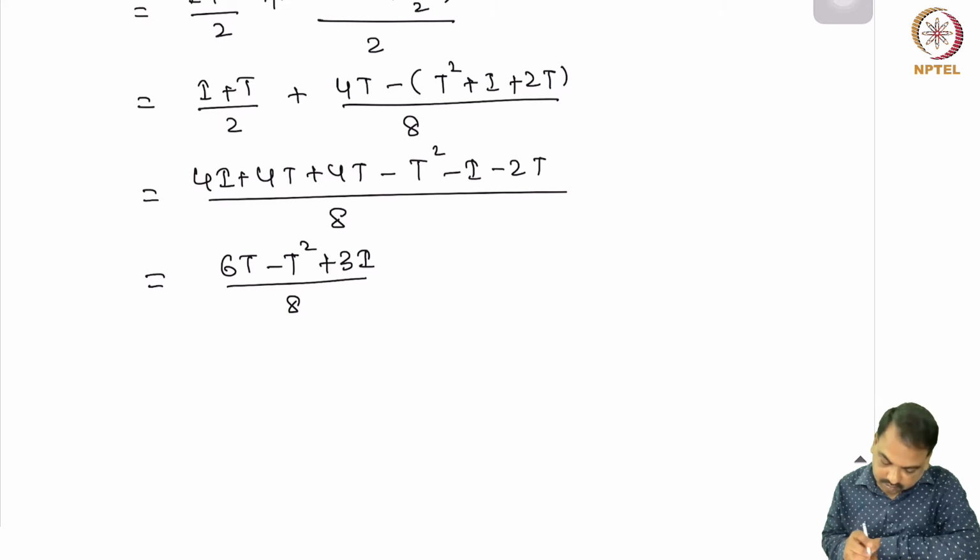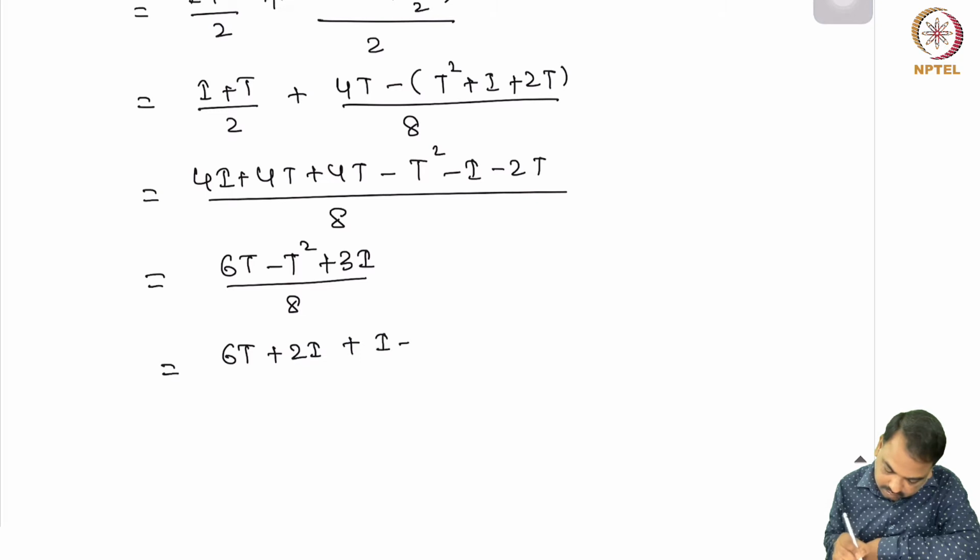This is nothing but (6T plus 2I plus I minus T square) by 8.